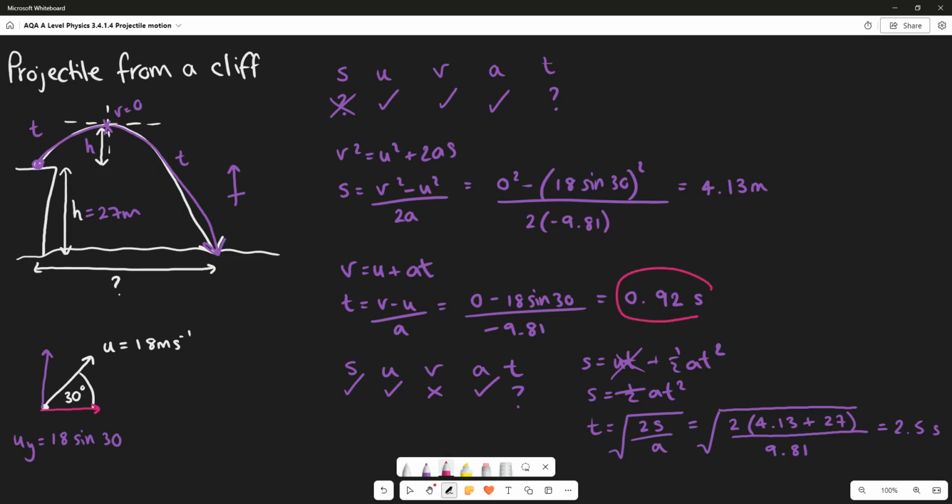So here's the first one. Here's the second one. We're going to add those together, and that's the amount of time that the projectile was travelling for. So what we can use next is we can use this equation, the resolved value for initial velocity and the time that we've just calculated.